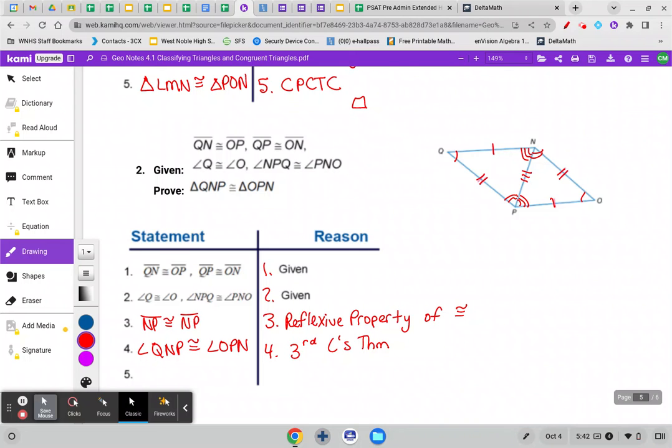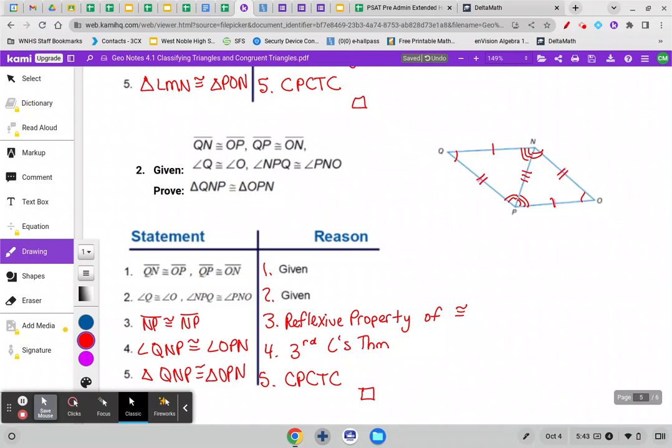And then because I have all pairs of sides congruent and all pairs of angles congruent, we can state the triangles congruent. And once again, this isn't the greatest form, but it is by CPCTC. And we're done because we proved our triangles congruent.